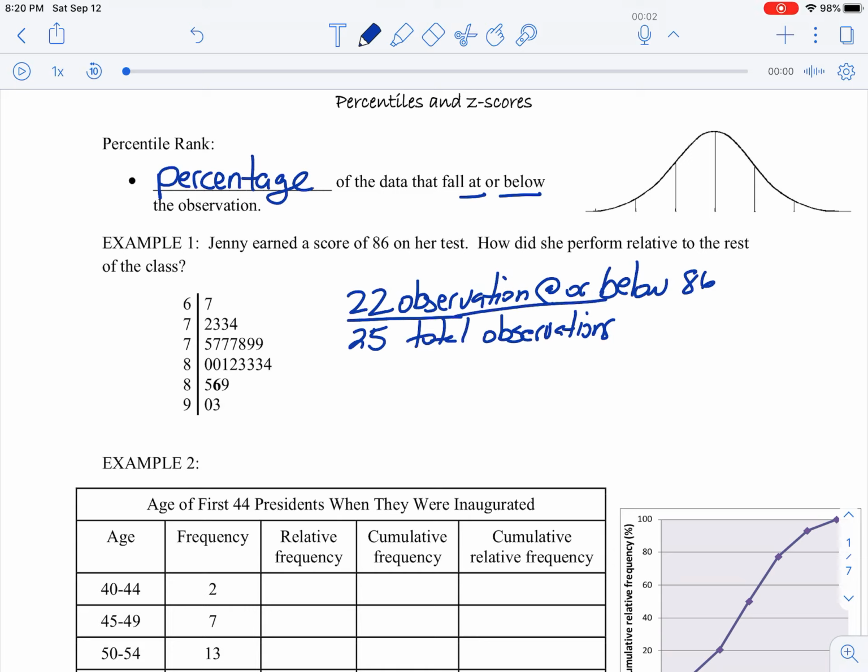So when we divide that out, she performed at the 88th percentile.